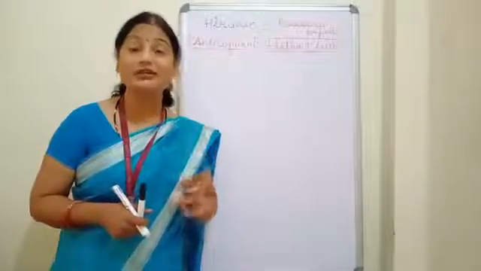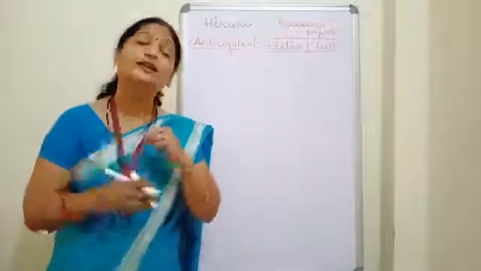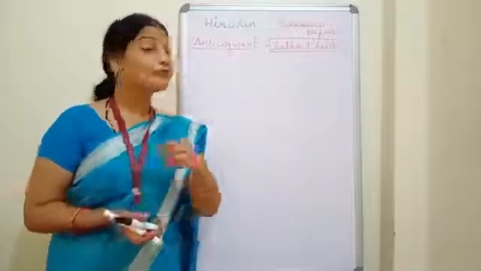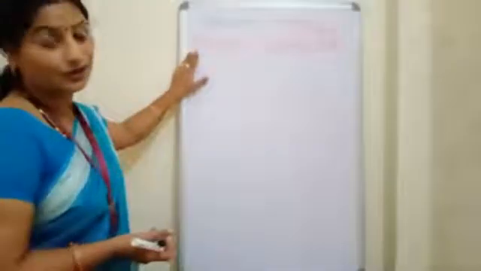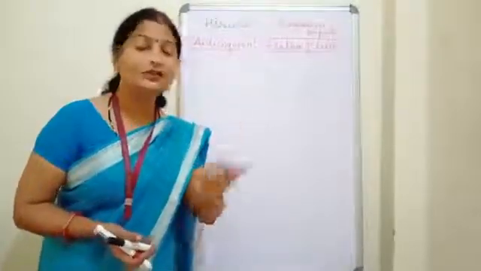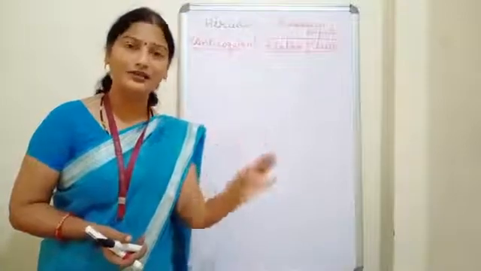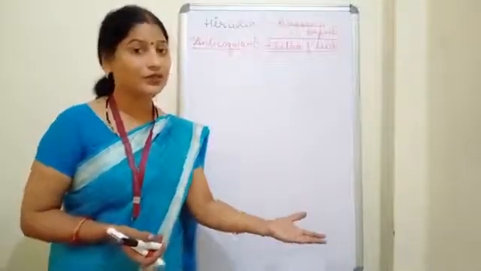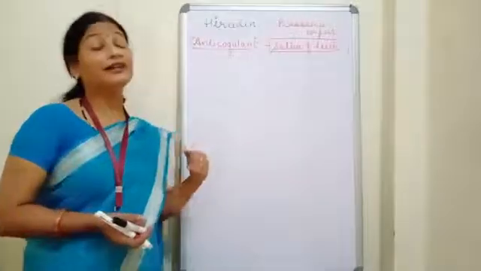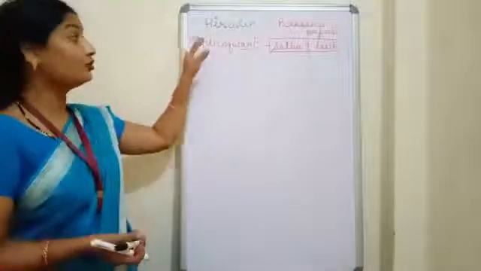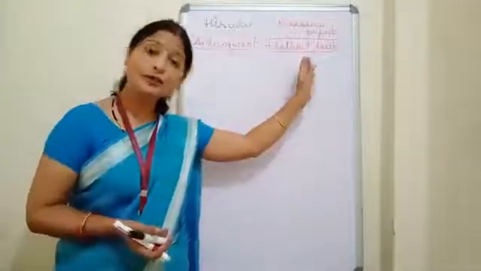Just to prevent it from drying, so that they can do the test, they put in an anticoagulant so that our blood remains in liquid form and they can go for further tests. Now, from where have they got this anticoagulant? This anticoagulant is found in the saliva of the leech.